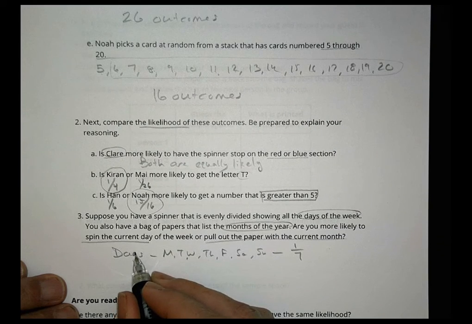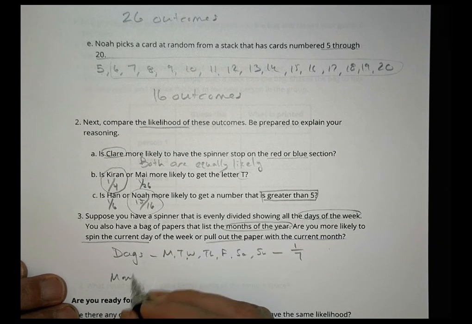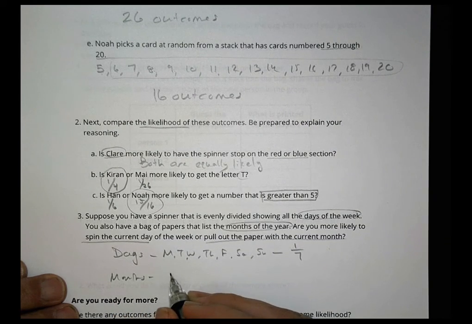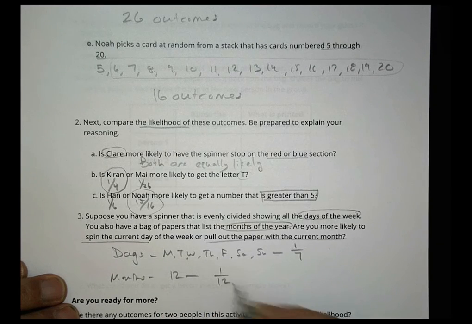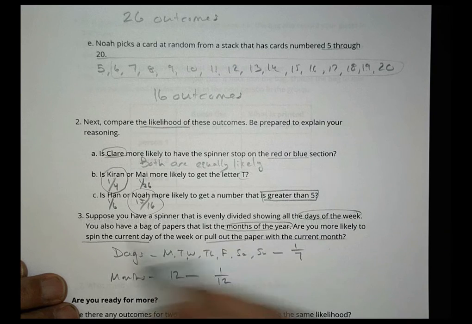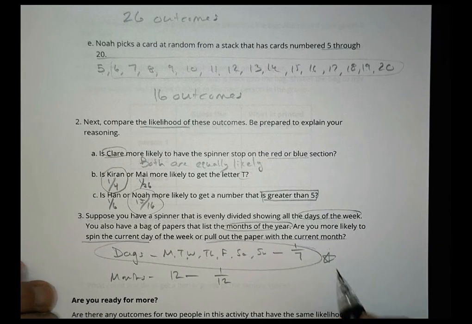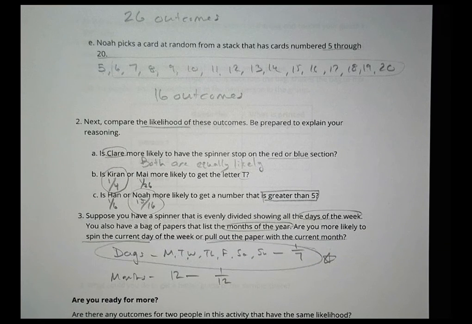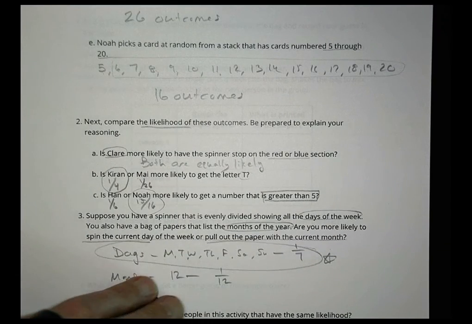Compared to our months, there are 12 months, so you have a 1 in 12 chance there. So which one are you most likely to pull out of the bag or the hat? We would say days of the week has the greater likelihood because there's a 1 in 7 chance of that happening. All right, let's turn to the next page.